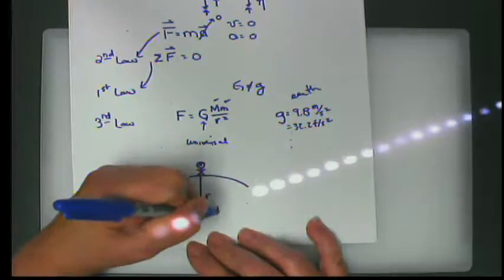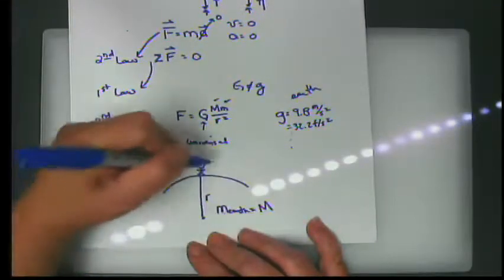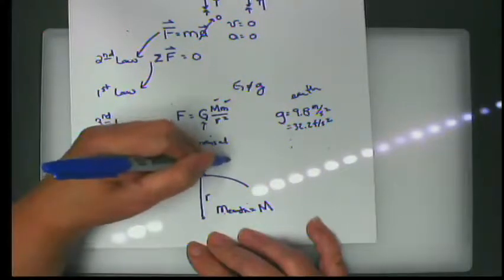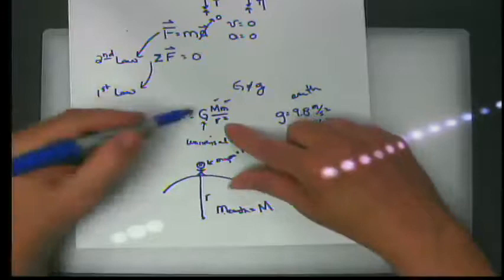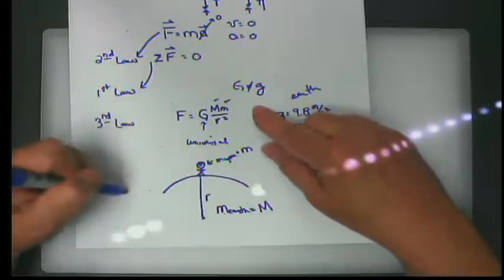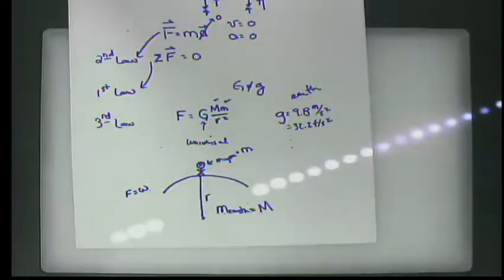The mass of the Earth is big M in the equation. The mass of you is little m in the equation. And the force here would be equal to your weight on Earth. And G has a value that is actually given in your textbook. I don't have it right in front of me, but I will let you know what that is before the end of the day.